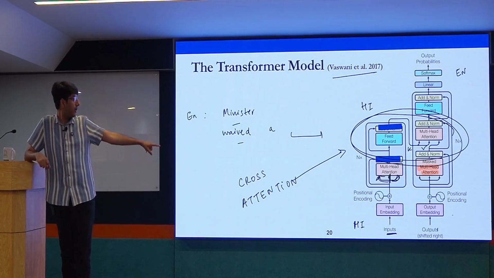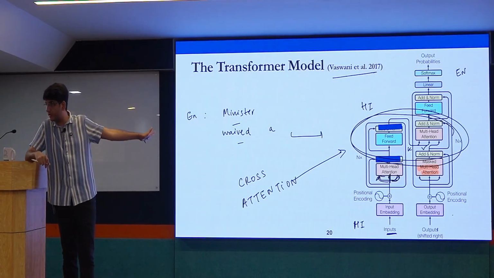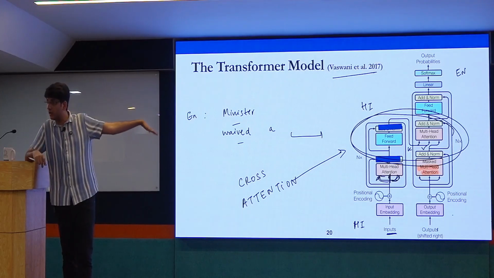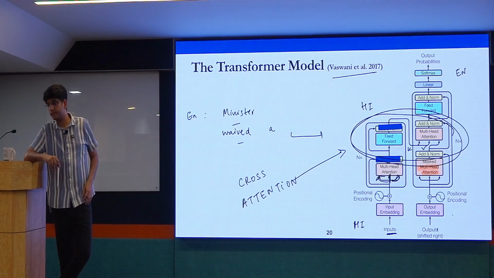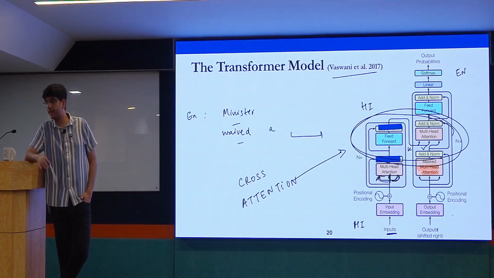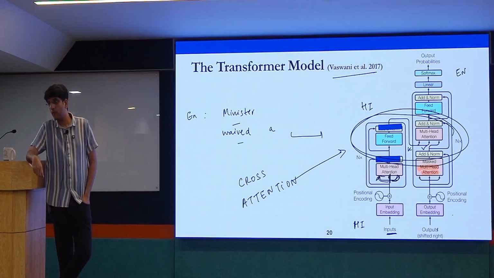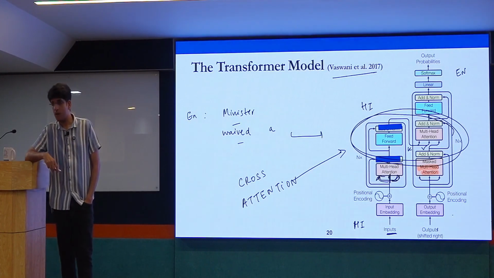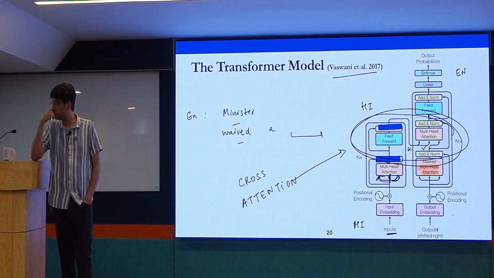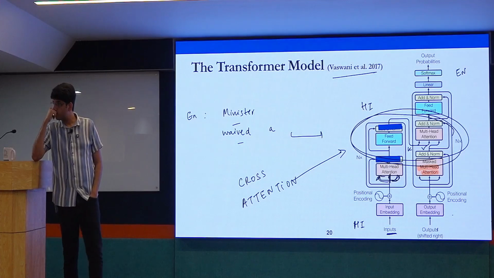For inputs you already have the Hindi sequence with you. Let's take the first word itself, minister, which is mantri. Then that K and V has gone into that decoder part. So what should I be passing in this output embedding for the first word of that Hindi to English?